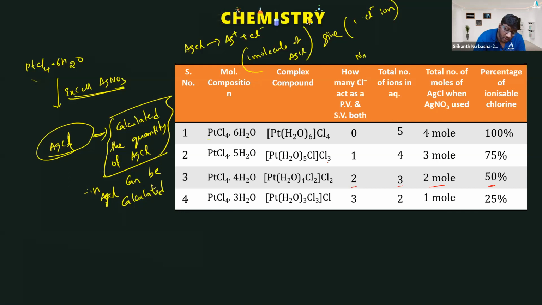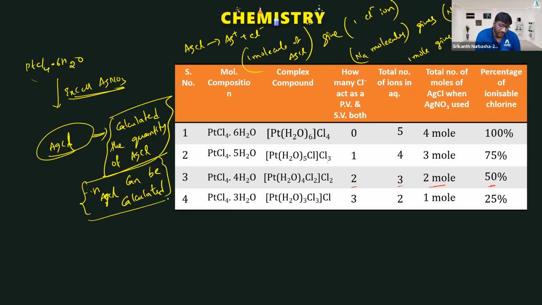So NA molecules give NA Cl minus. Can I call Avogadro number of molecules as 1 mole? So 1 mole of AgCl gives 1 mole of Cl minus. We have calculated the number of moles of AgCl, and we know 1 mole of AgCl is giving 1 mole of Cl minus. That means from the number of moles of AgCl, can I say the number of moles of chloride obtained? Yes or no?